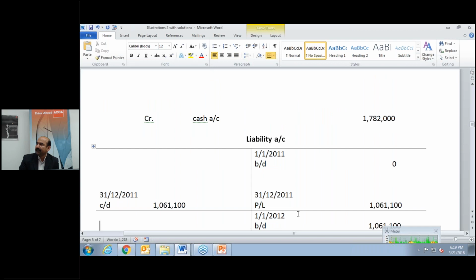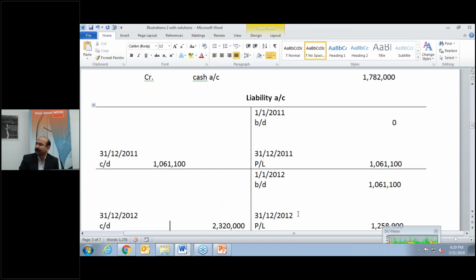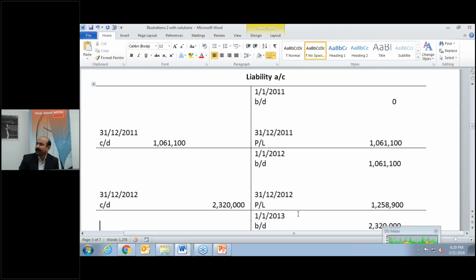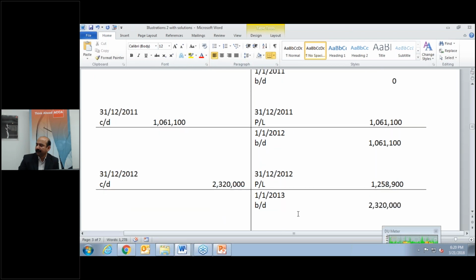And by the end of this is the account. You can see that liability is building up. All this account is based on the entries which we made in the earlier part of this answer. You can see that this is building up here.